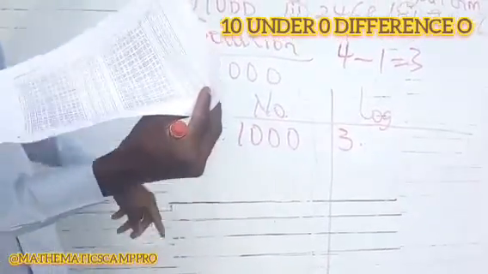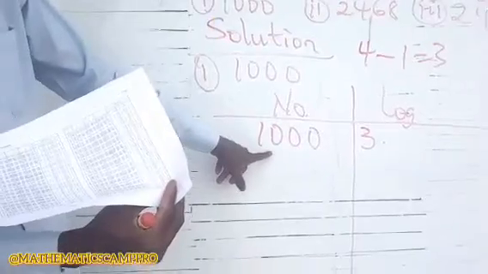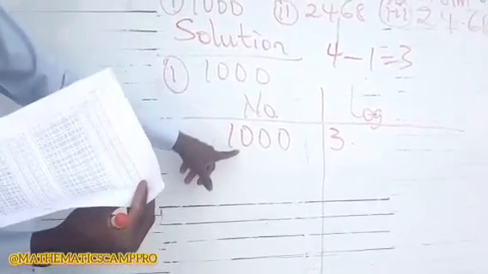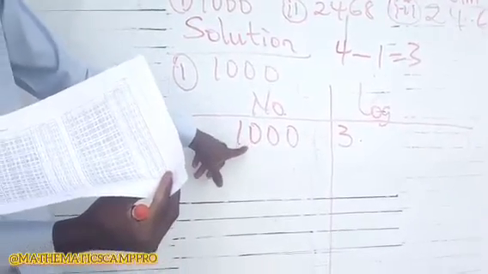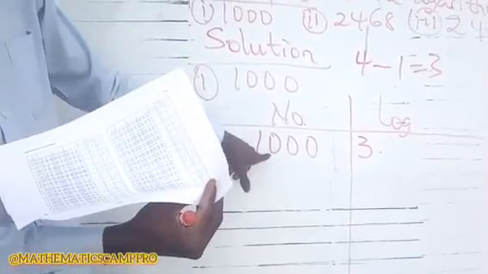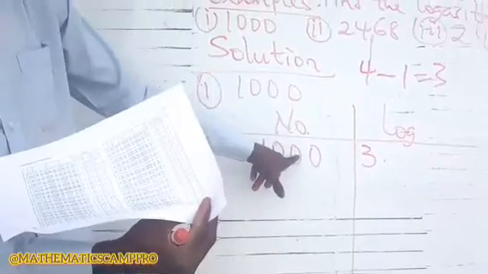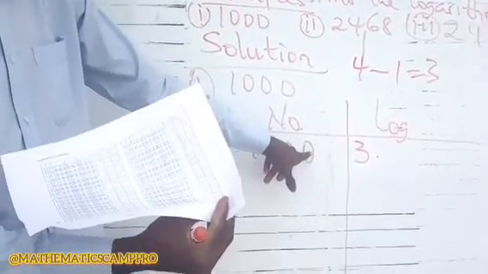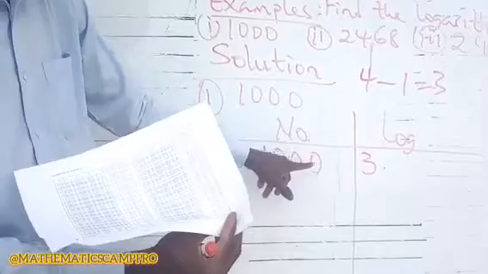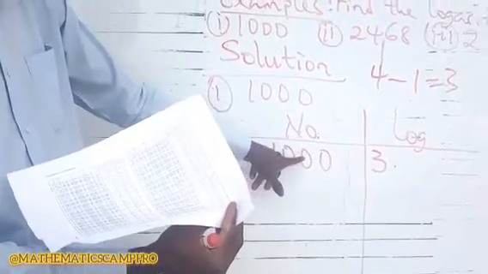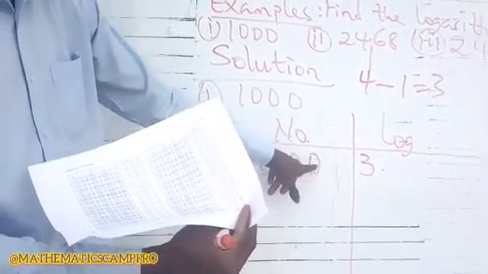For you to get your mantissa from this number given, you are going to check under 10, difference 0. I say it again. You are going to check 10 under 0, difference 0.